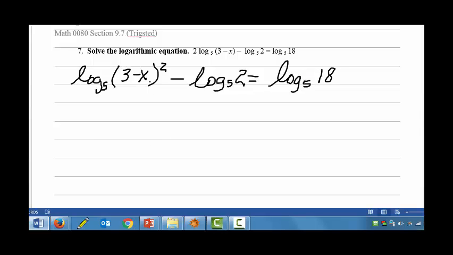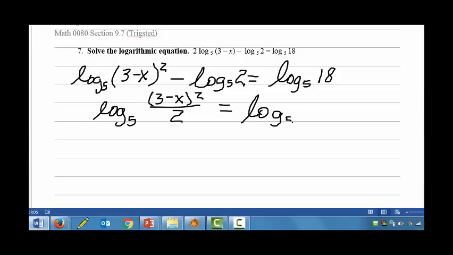Alright, so because of this subtraction between these 2 logs on the left, I can use the quotient property. The base 5 log of the square of 3 minus x divided by 2 equals the base 5 log of 18.